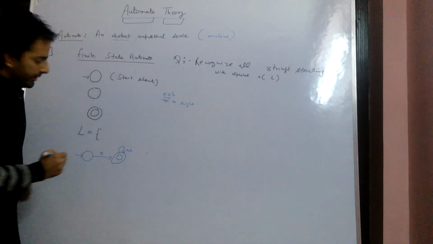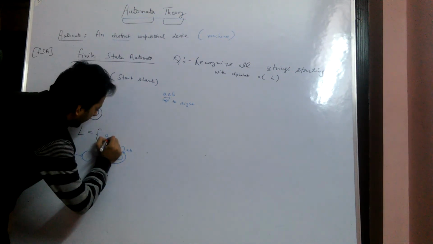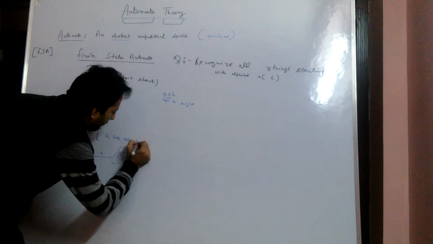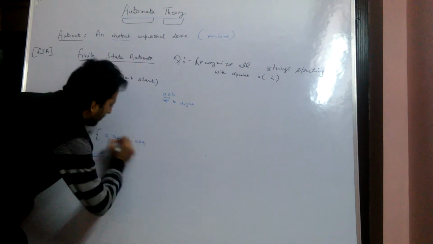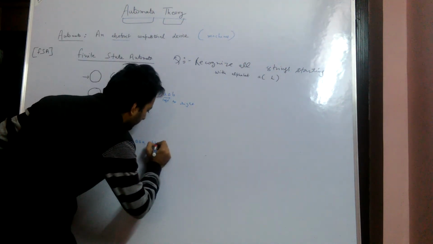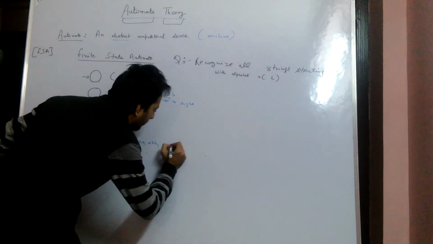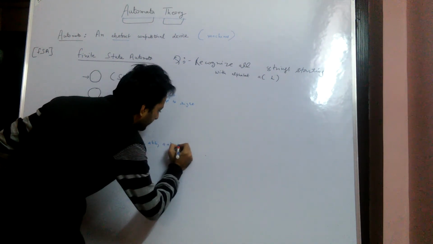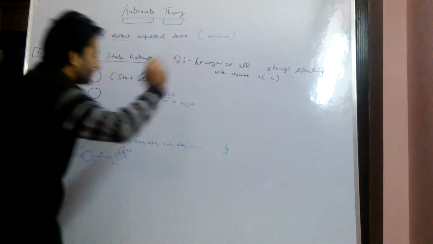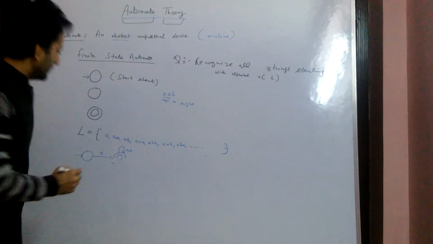We can have A followed by A, A followed by B, A followed by more A's, or more B's, A followed by any combination of A or B. So we can have an infinite number of strings.